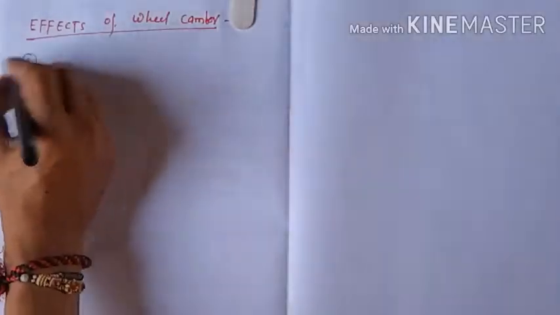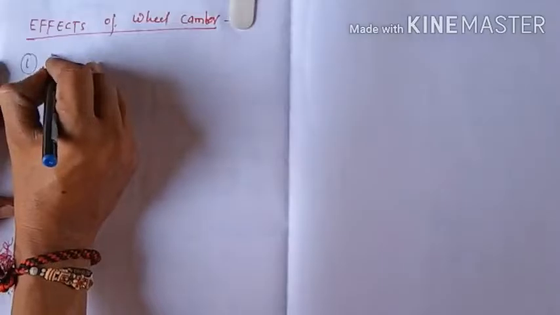Okay, we discuss the effects of wheel camber. Number one: bending stresses in the kingpin and stub axle are reduced.